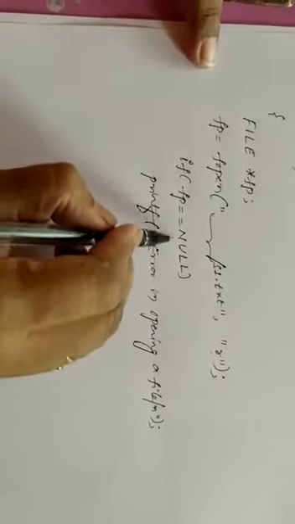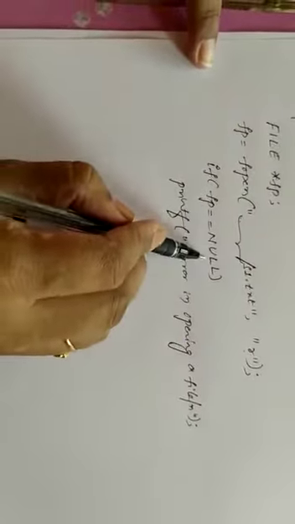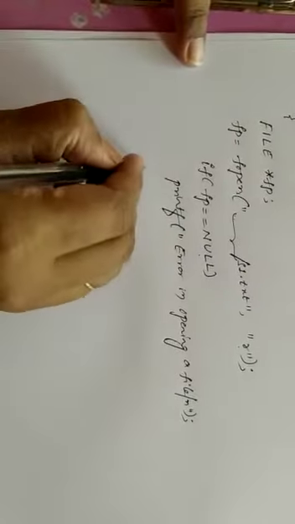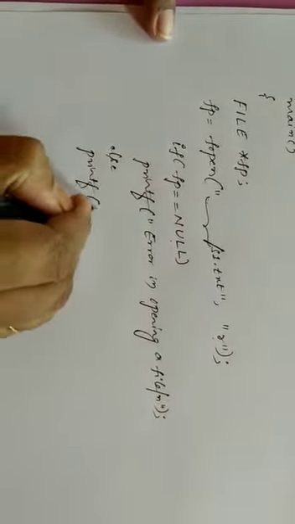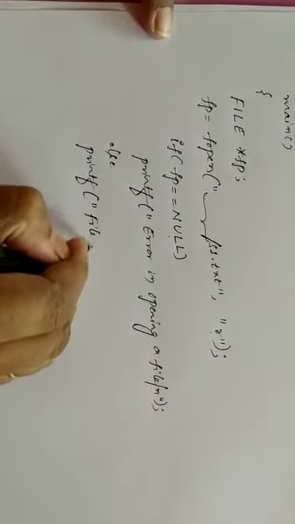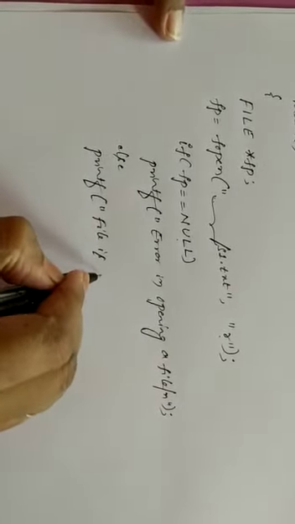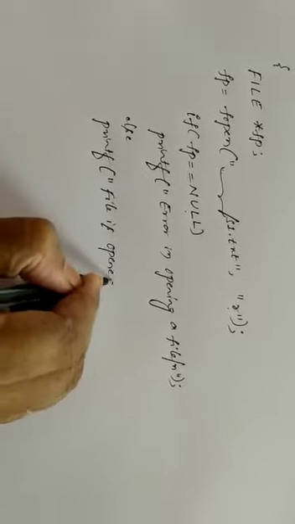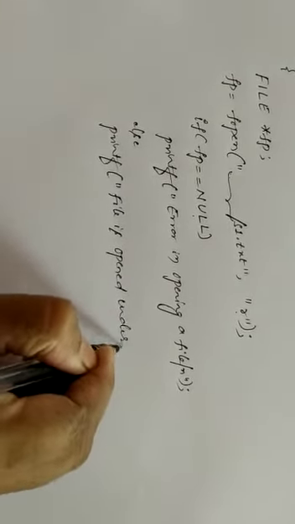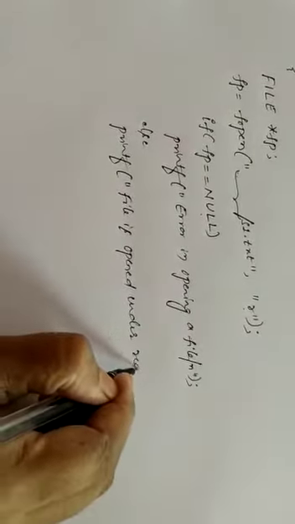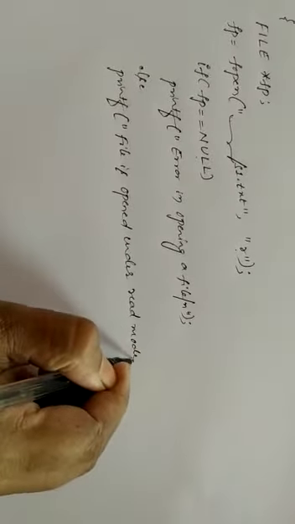If not, then it returns null. If it is null, then there is an error in opening a file. Else, file is opened, under which mode? Read mode, that you need to display.